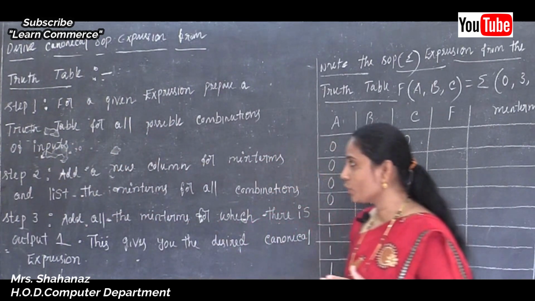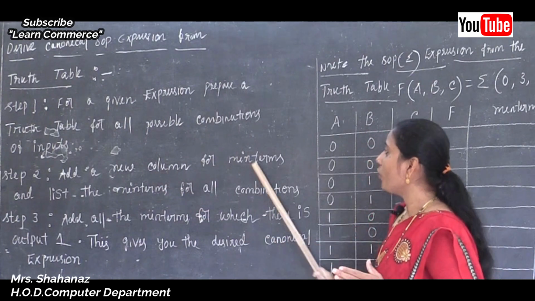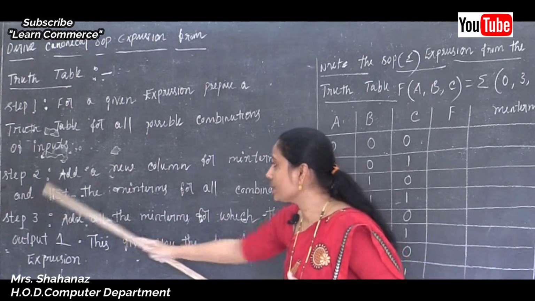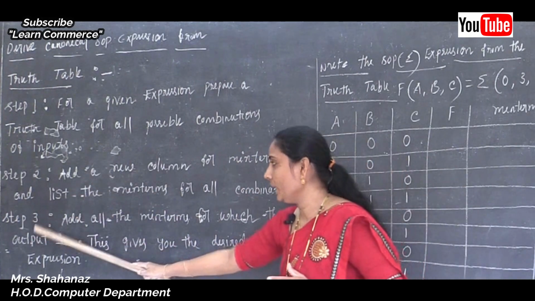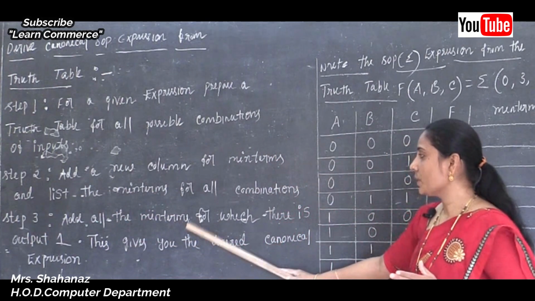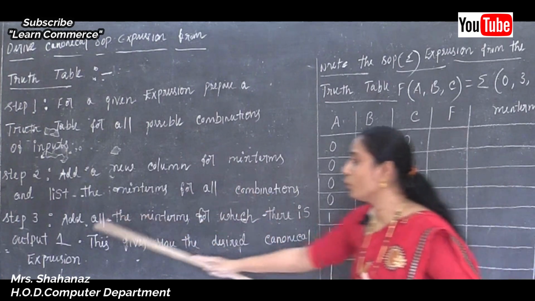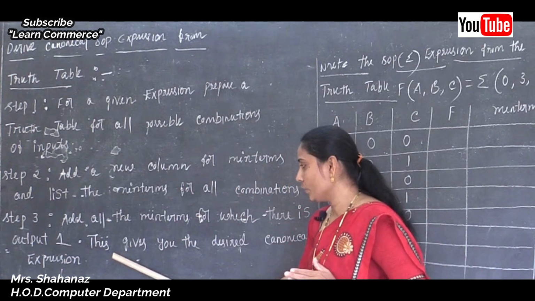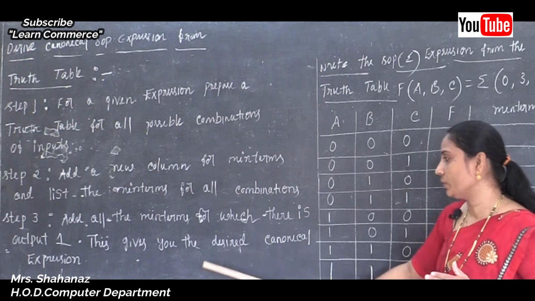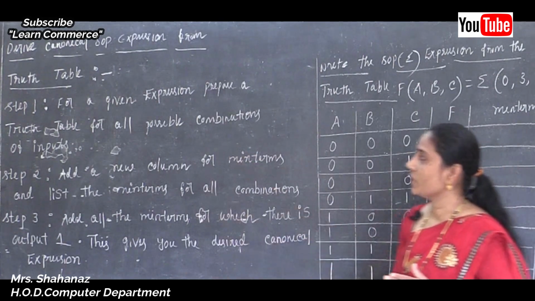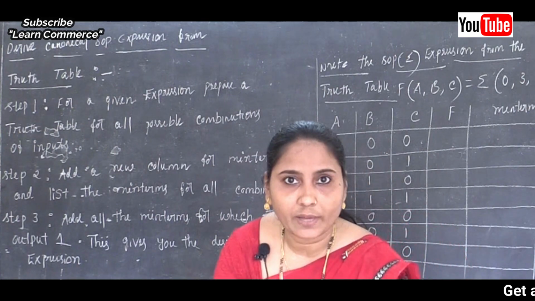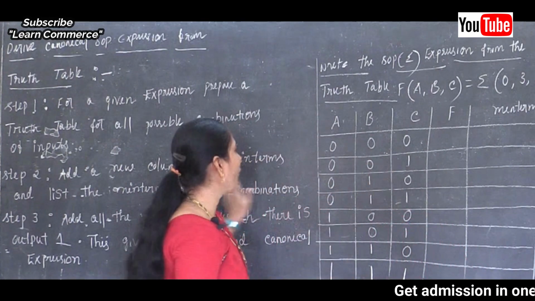Step 2: add a new column for minterms and list the minterms for all the combinations. Step 3: add all the minterms for which the output is 1. This gives you the desired canonical expression.